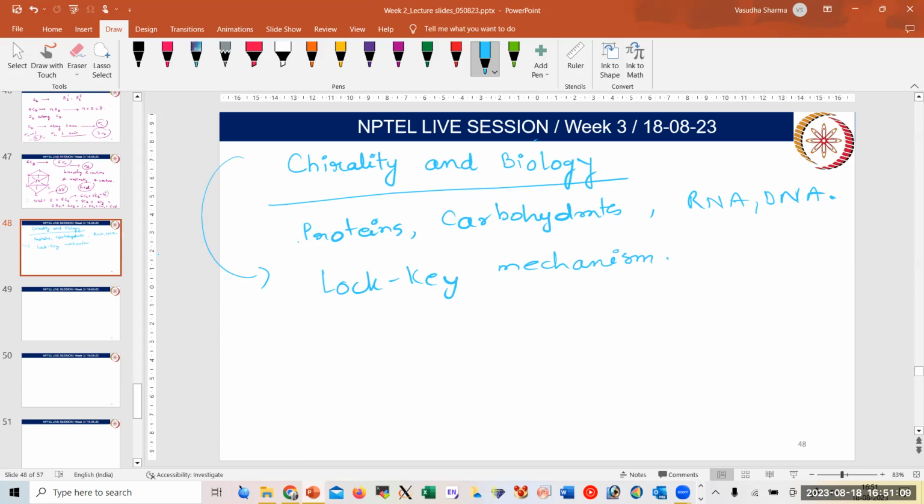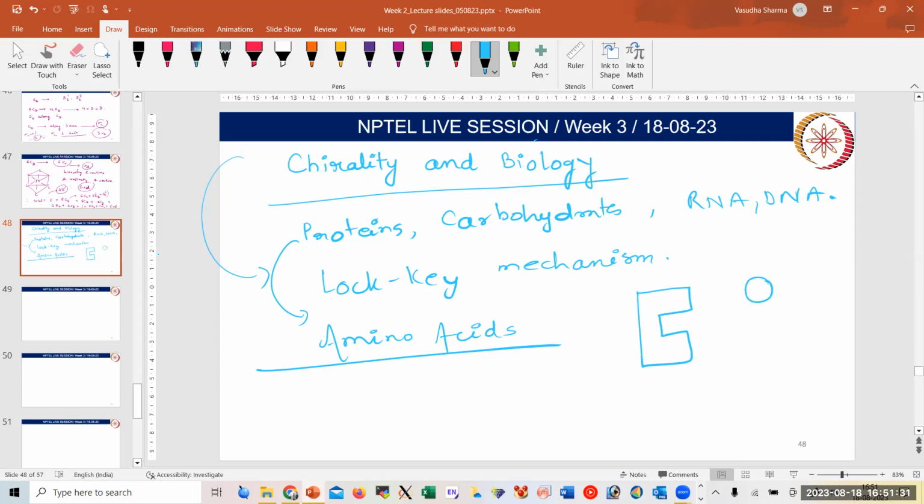Say, for example, our proteins, mainly the building blocks, are amino acids. So they are chiral in nature. And how does it work? Lock and key mechanism. Say, for example, if we have this kind of thing, and we have now 3 targeted molecules.